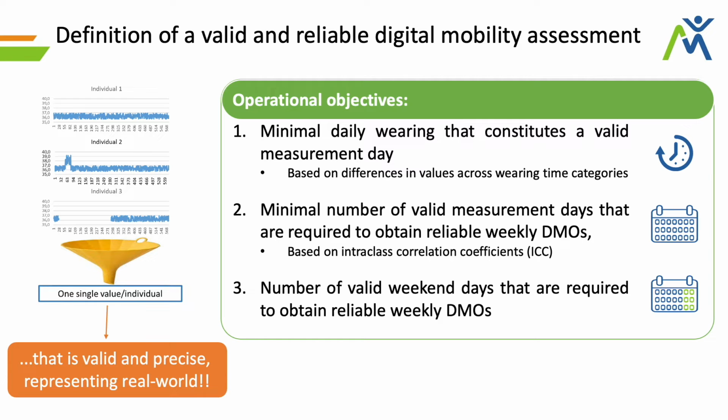And then we operationalize this in three different objectives. We want to identify the minimal wearing time in a day that constitutes a valid measurement of the DMO, the minimal number of days that constitute a reliable weekly aggregate, and the number of weekend days that are required to get a reliable aggregate of the DMOs.